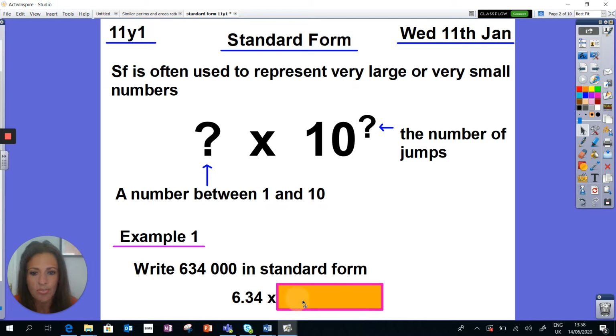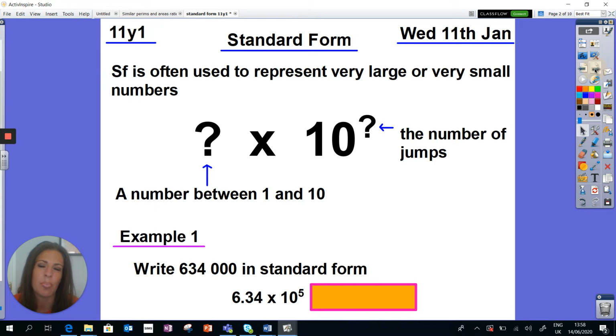Then, because it's the form we have to use, we write times 10 to the power, and the power in this example is going to be 5, because if the decimal was after the 6, it would take 1, 2, 3, 4, 5 jumps to achieve that original number.